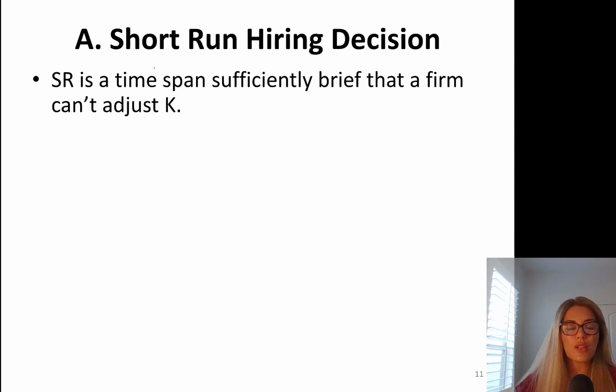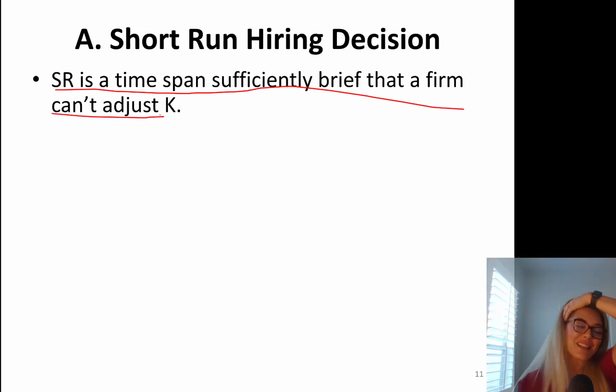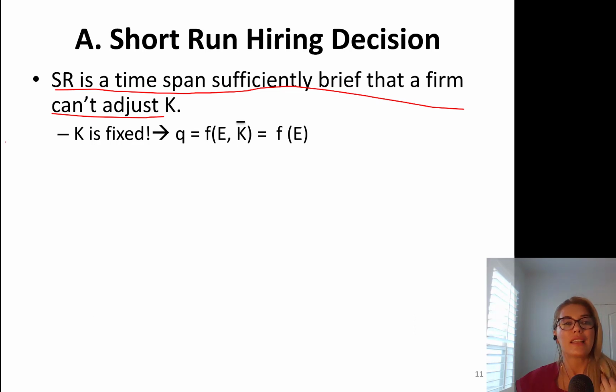So let's talk about the short-run hiring decision. Short-run is a period of time that's sufficiently short that the firm cannot adjust capital. So this is the example we were talking about. Capital is what we say is fixed. Okay, if capital is fixed, your output is going to vary, change with employment. So we put a bar here. This bar means it is fixed.